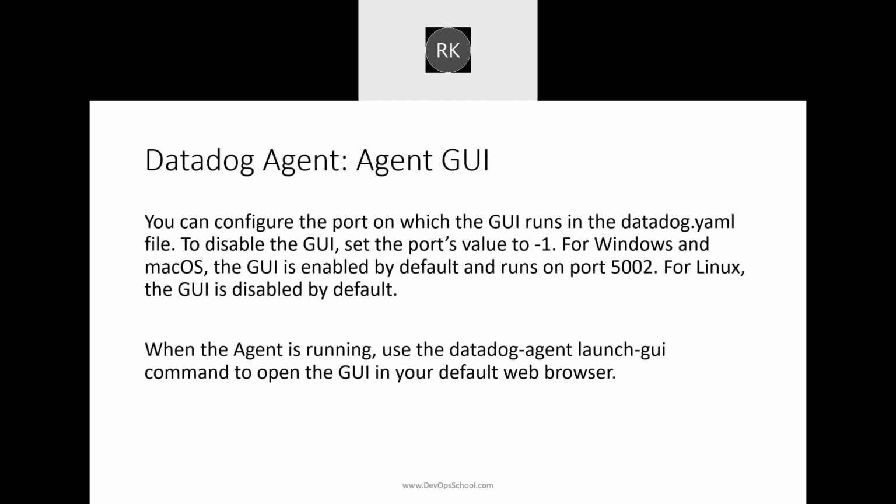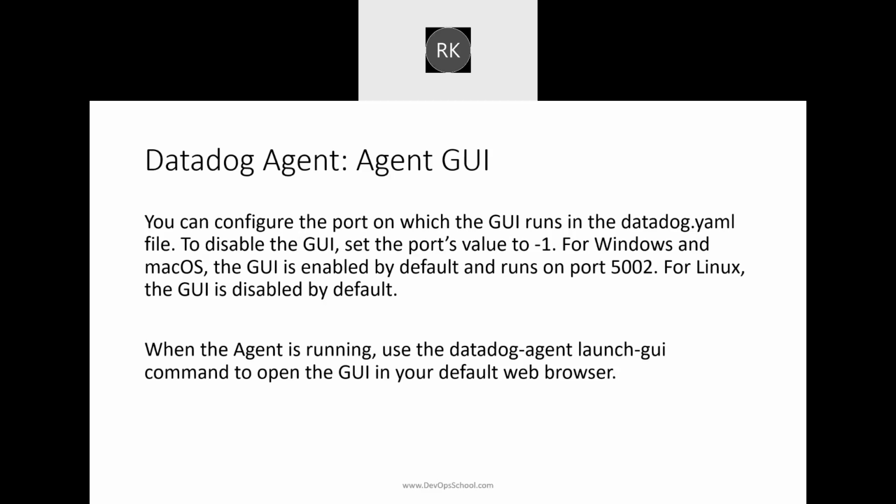Now guys, you have agent UI also. When you install the agent on Linux or Windows, you will have an agent UI also. That agent UI is running on port number 5002. For Linux, it is disabled by default, so if you want it on Linux, you have to enable it. But in Windows, it's enabled by default.